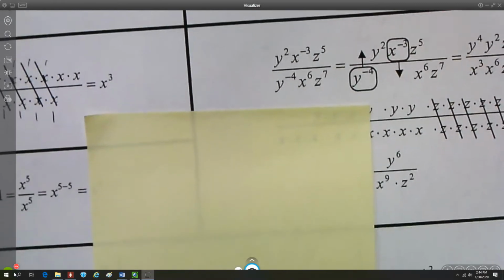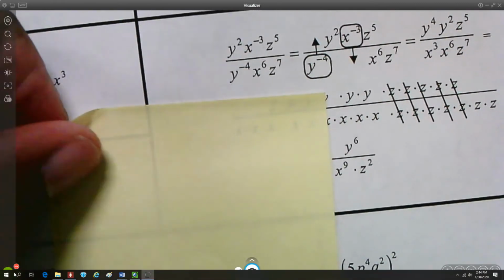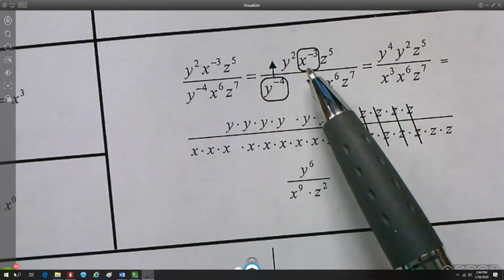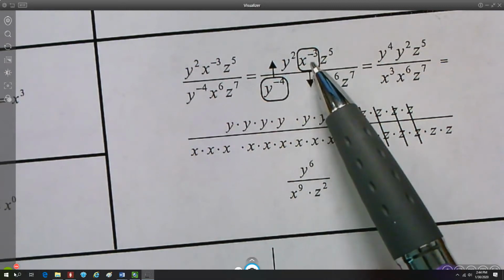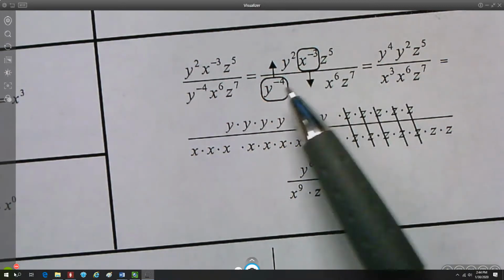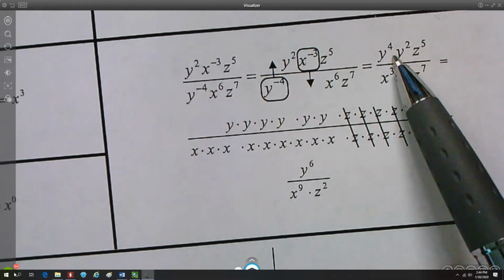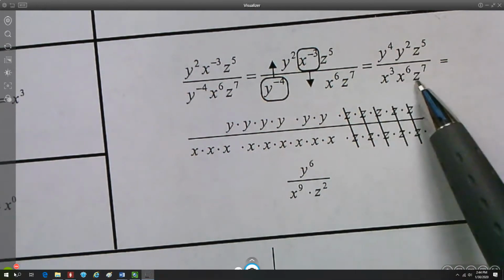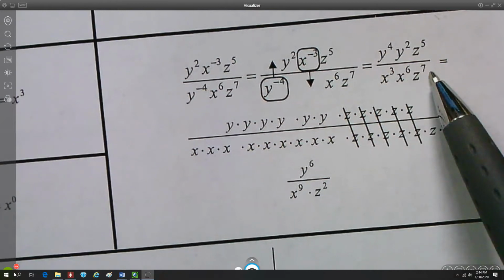Let's reconsider this with all the scratch work. If you're going to simplify this, notice that they first replaced x to the negative 3 on the bottom and y to the negative fourth on top. They expanded y to the fourth, y to the second, z to the fifth, x to the third, x to the sixth, z to the seventh.